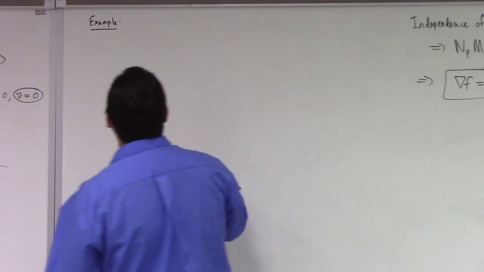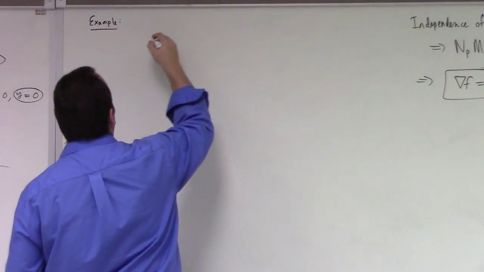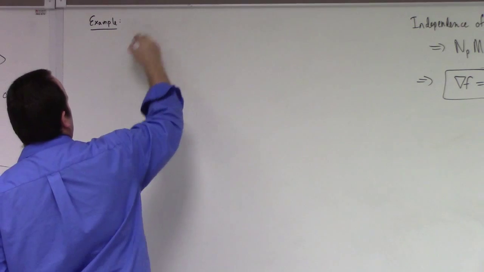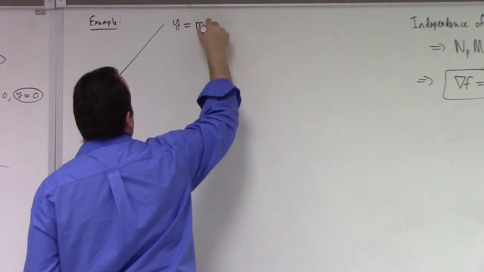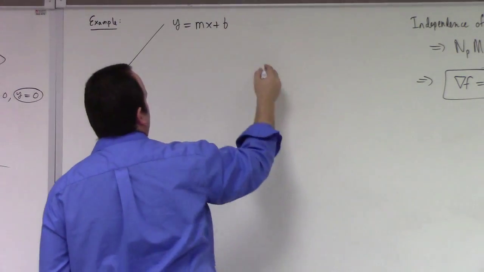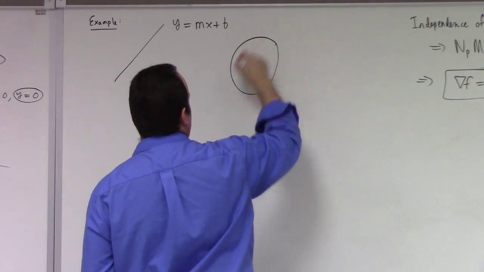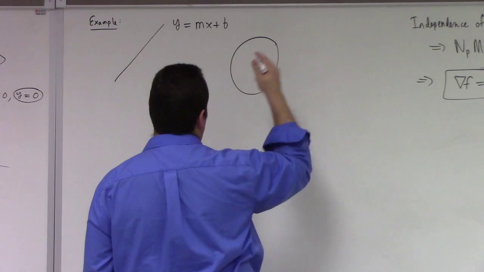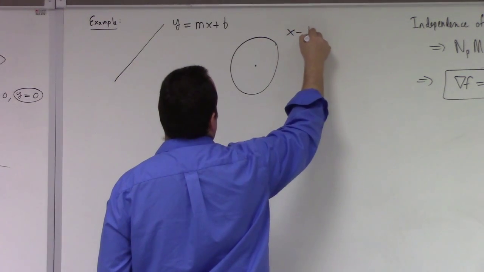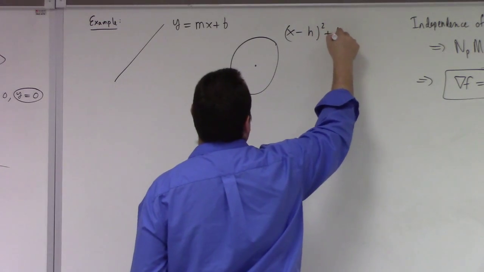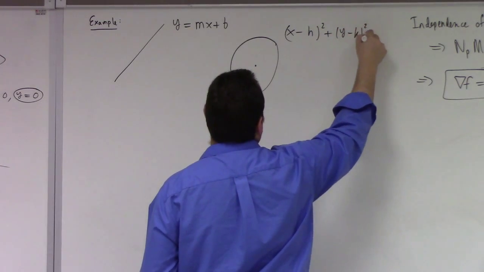How about this? You've got a line, let's say y equals mx plus b. You've got a circle, (x minus h) squared plus (y minus k) squared equals r squared.